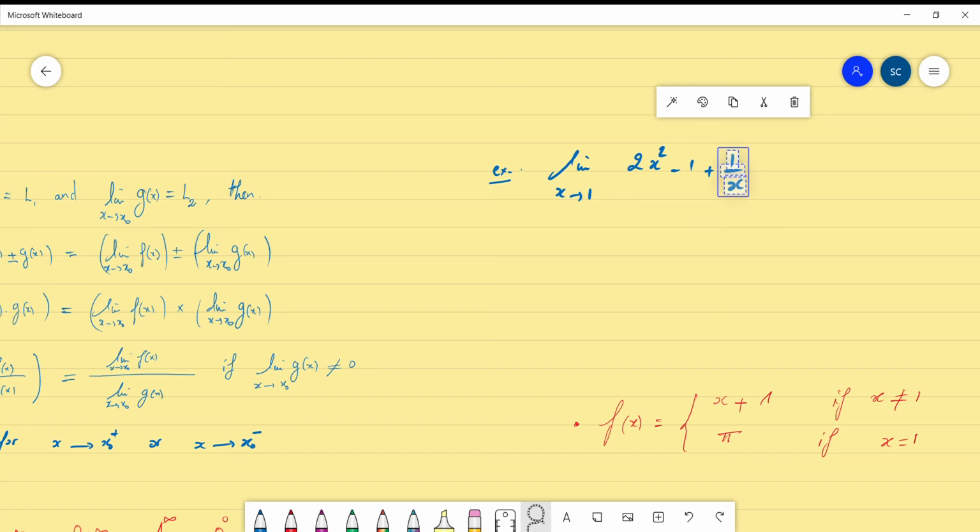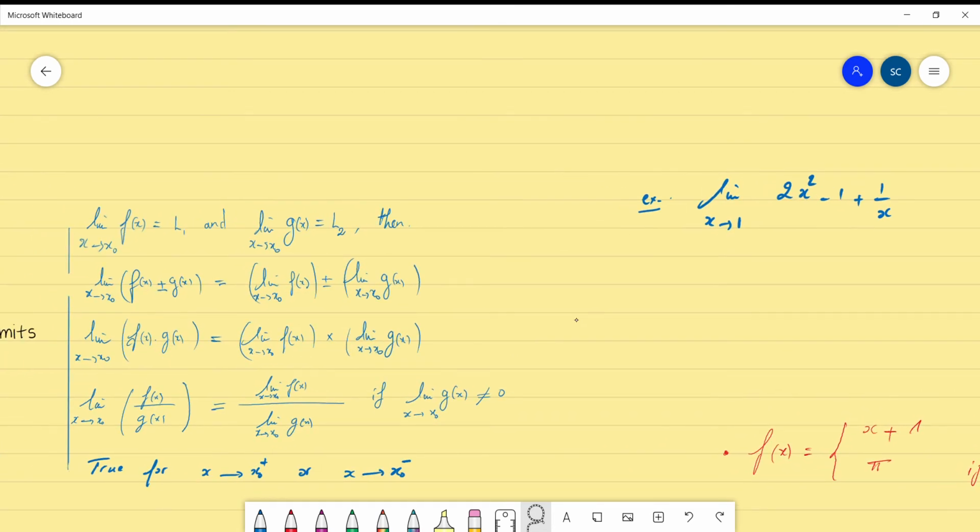Okay, so you see, we can use the theorem here, the property we explained here. When I have a sum of functions where I know each of the limits, I can say, and here I know from the beginning the constant function approaches itself. 1 over x, as x approaches 1, is different from 0, so I can divide. This is a constant function for the numerator, and x approaches 1.